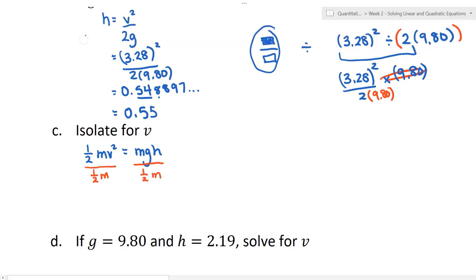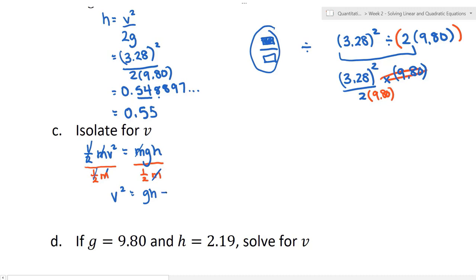So what do I have left? On the left, the 1/2 and the m cancel with what's in the denominator, and I'm left with v squared equals. On the right side, the m's cancel, and I'm left with gh divided by 1/2. Now I can leave it like that, but it looks a little bit messy to have a fraction on the bottom.